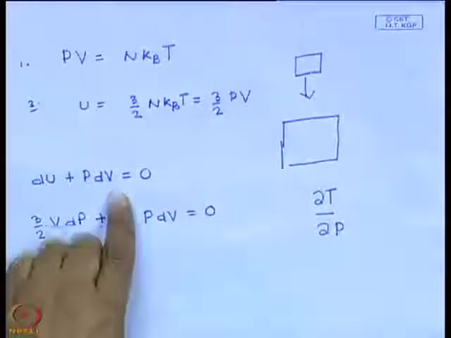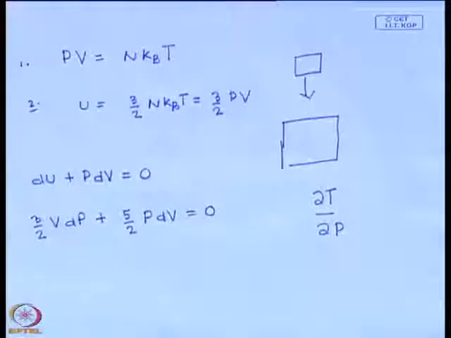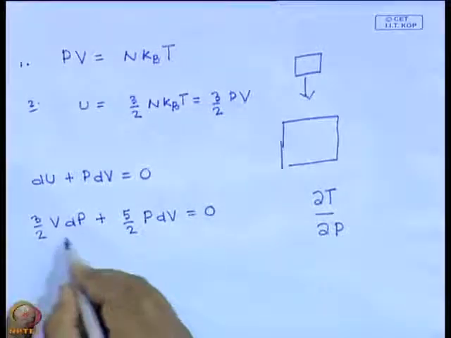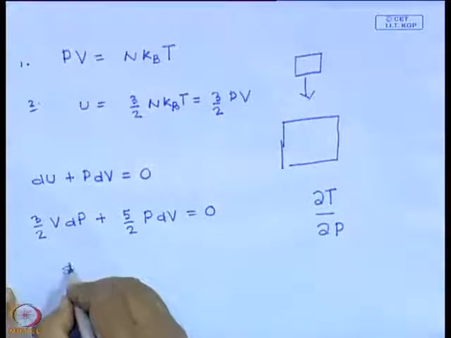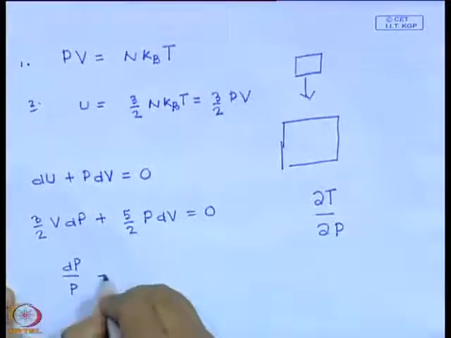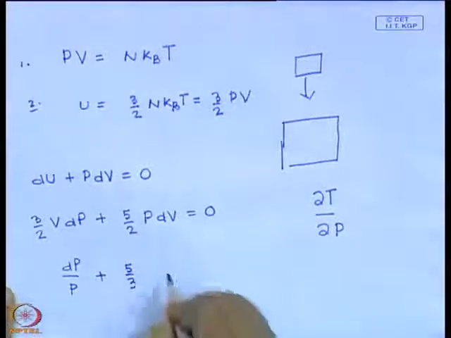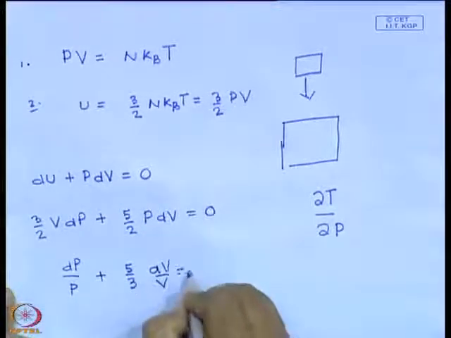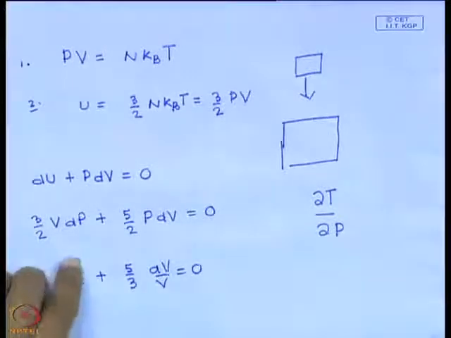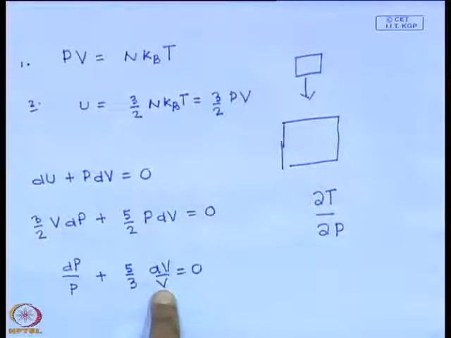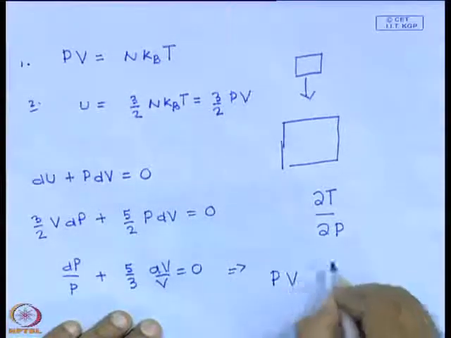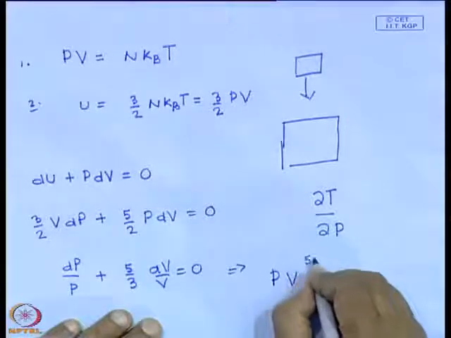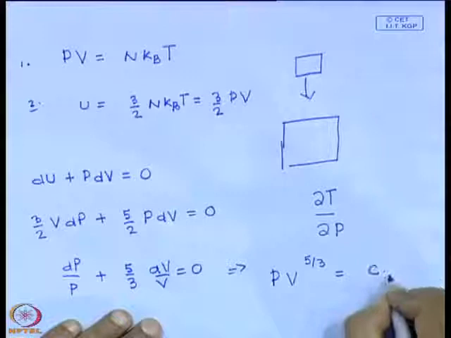Here we can divide throughout by P times V, and what we get is dP/P plus 5/3 dV/V is equal to 0, and this is log P, this is log V. So what this tells us is that PV to the power 5/3 is a constant.